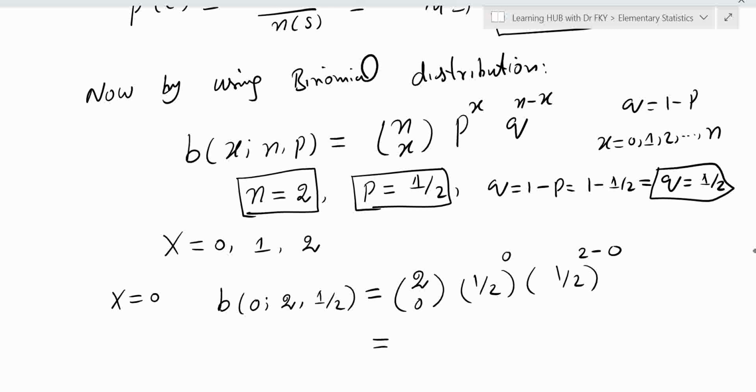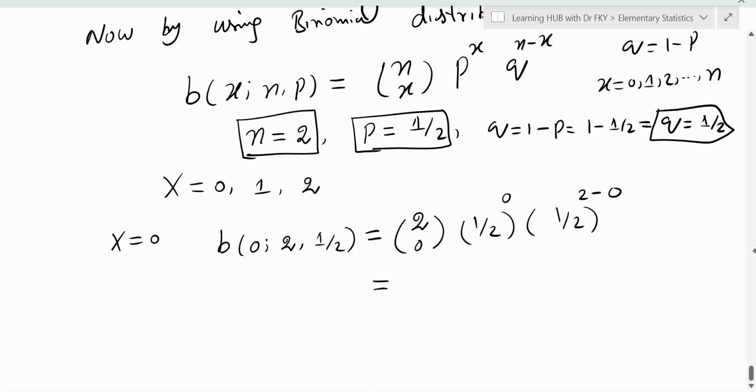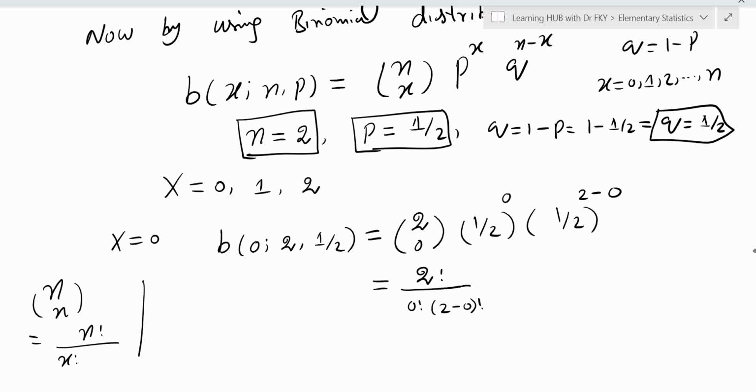Now you can expand n combination x, or 2 combination 0, as 2 factorial divided by 0 factorial and 2 minus 0 factorial. You can expand this as n factorial divided by x factorial and n minus x factorial. And then this is 1, since anything to the power 0 is equal to 1.